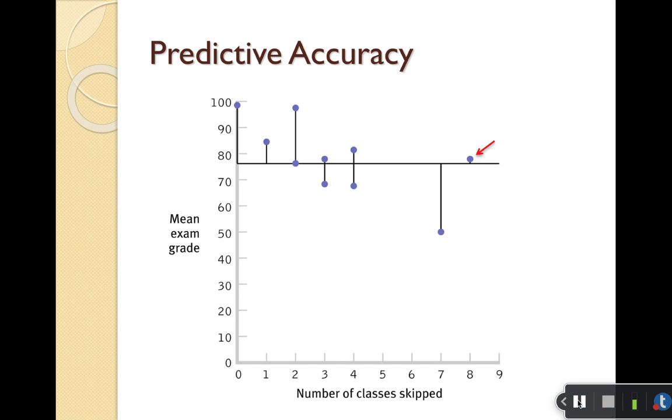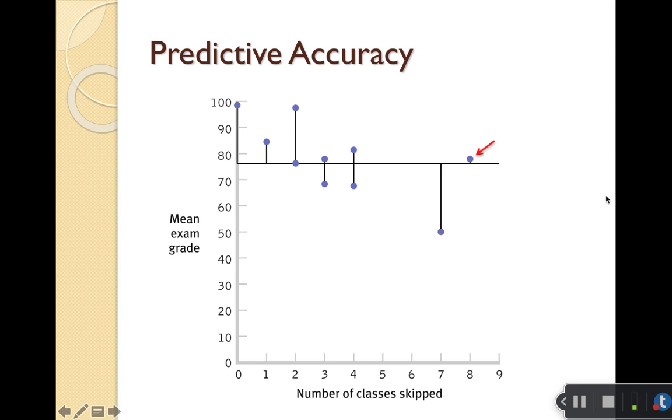And you can see here I've drawn in a line at 76%, or the class average on the exam. And you can see I've drawn these vertical lines with the dots to show how accurate I am. You can see that guy there with the red arrow pointing to it. It's pretty darn accurate. This person is right on the line. These are very close. But you can see for this person here, they're quite a ways below the average.